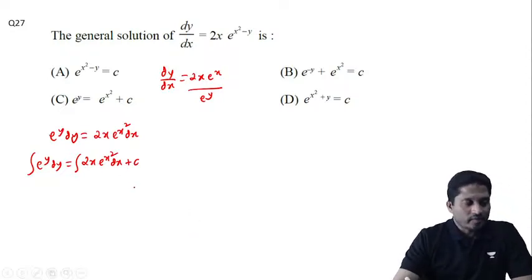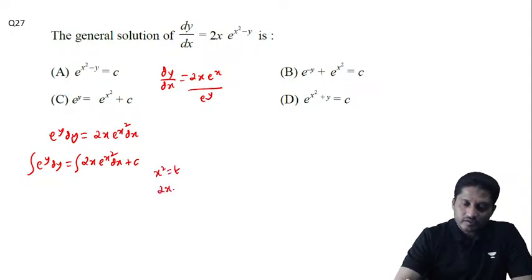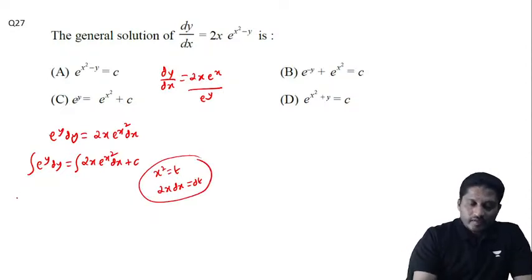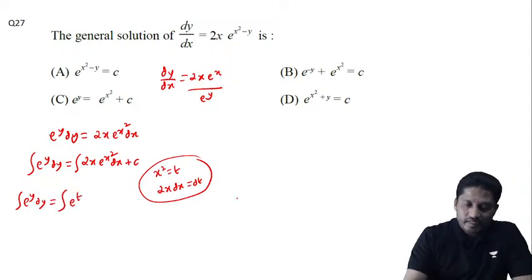Right, now I'm going to substitute x square is equal to t. Differentiation of x square is 2x dx is equal to dt. Okay, integration of e power y into dy is equal to integration of e power t, 2x dx is equal to dt plus c.